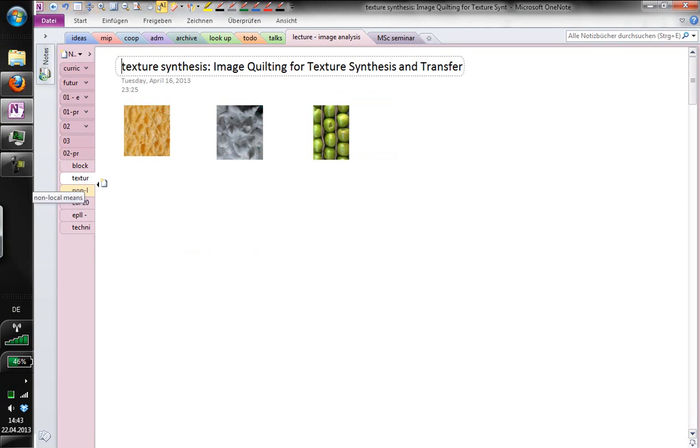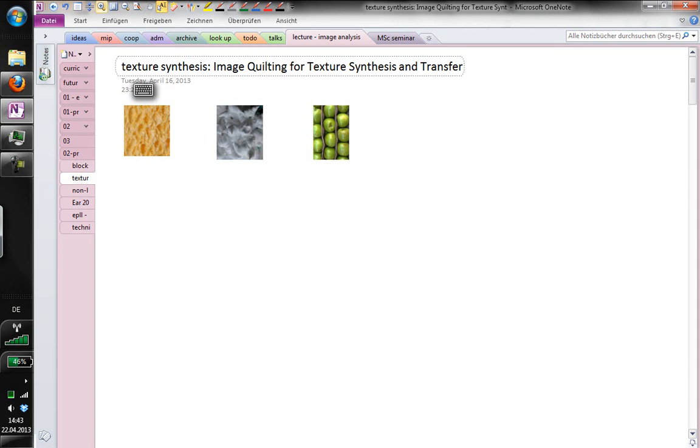So texture is the word we use when things somehow look repetitive and the identity of individual objects doesn't matter too much. So if you look at people from close by, it's a group portrait. And if you look at 50,000 people sitting in a football stadium, this is a texture. And patches play a big role in synthesizing such textures.